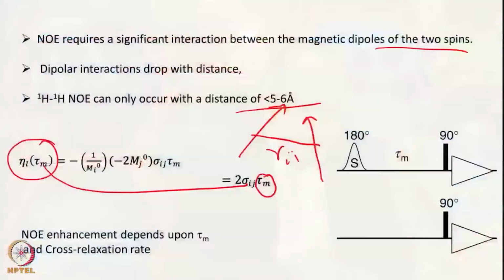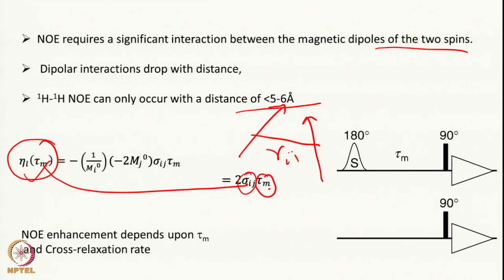In the other experiment we are not doing this, just applying a 90 degree pulse; this is the reference experiment and we detect here. Because of the selective perturbation of the coupled spin and varying this tau m time, we can see a difference in the NOE enhancement, because this NOE enhancement directly depends upon our mixing time and also directly depends upon the cross relaxation rate.